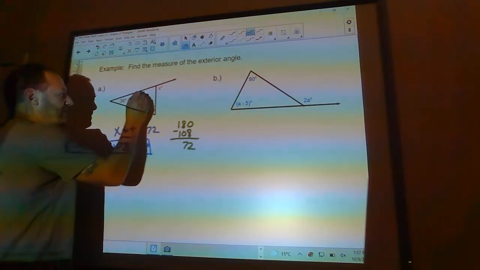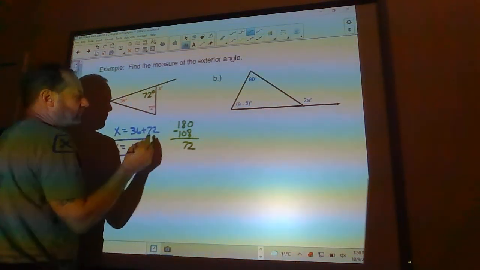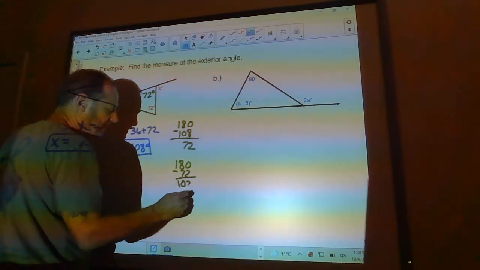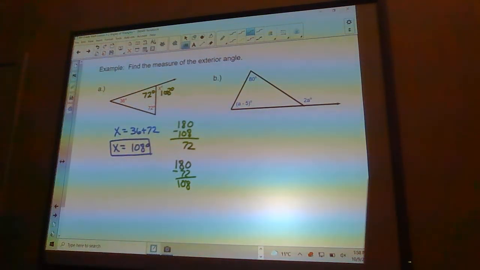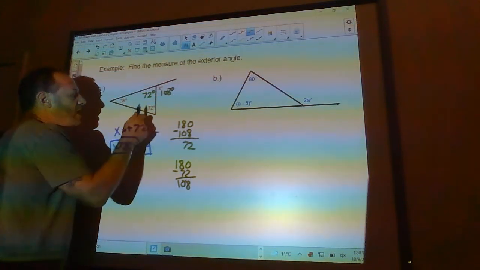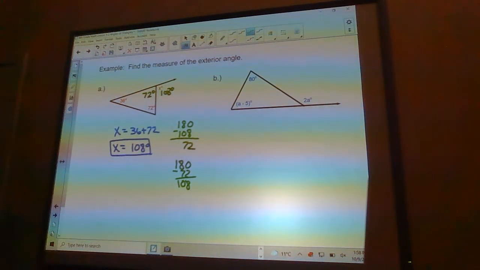Okay, so that means this angle right here would be 72, but then if these two have to add up to 180, I get 108 again, so this is 108. Okay, so I can shortcut figuring out this angle. I don't have to figure out this angle. All I got to do is add these two together and it gives me that one.